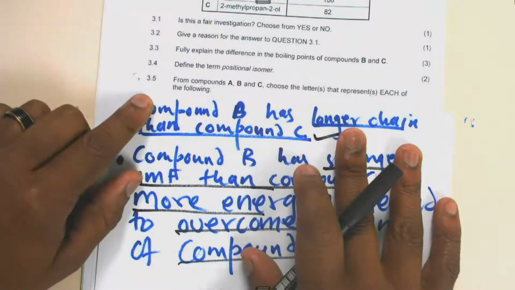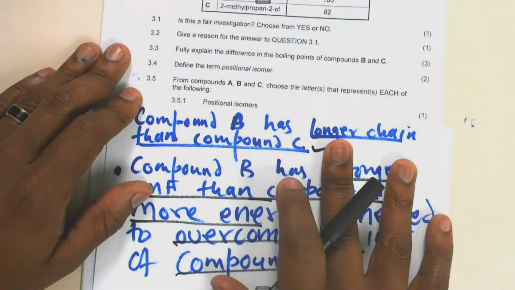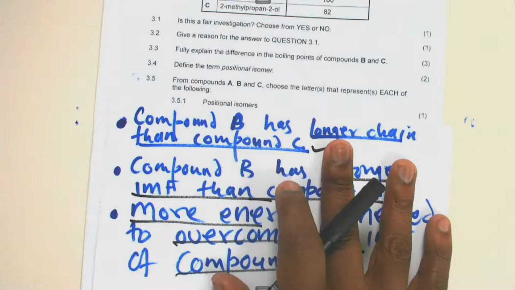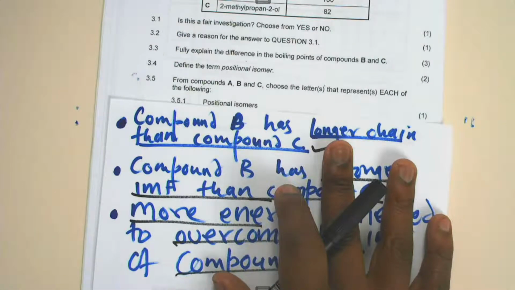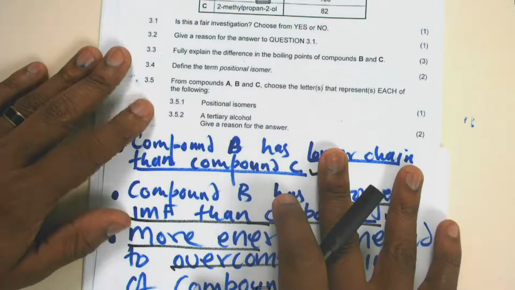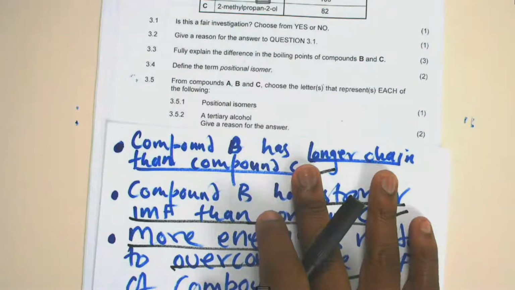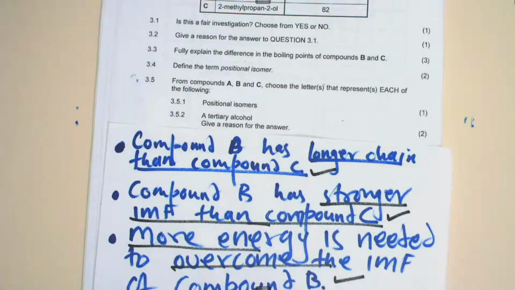From A, B, C, choose the letter that represents each of the following. Positional isomers: the correct answer there should be A and B. They are positional isomers of each other. And then a tertiary alcohol, it should be C. The reason for C is that the carbon bonded to the functional group is bonded to 3 other carbon atoms.